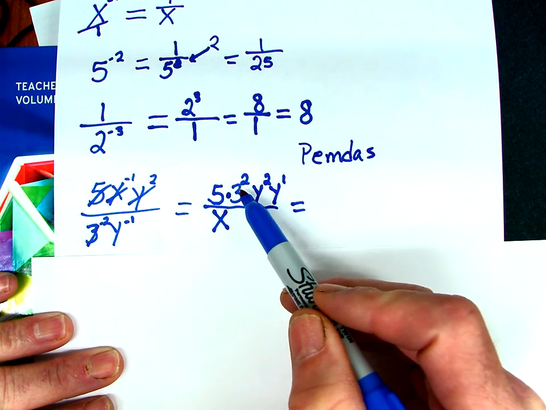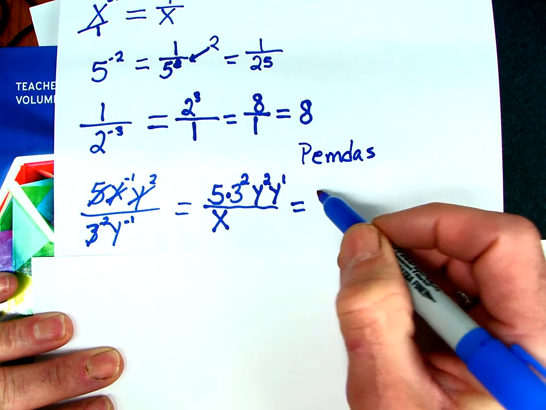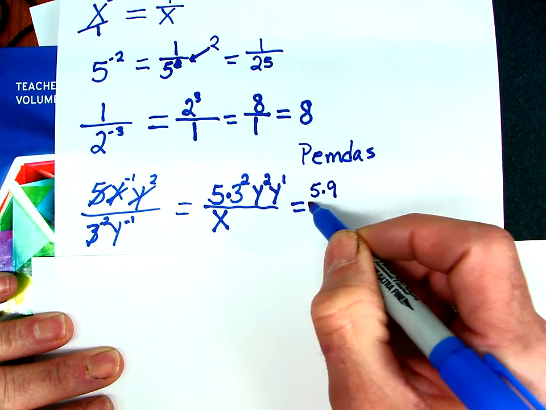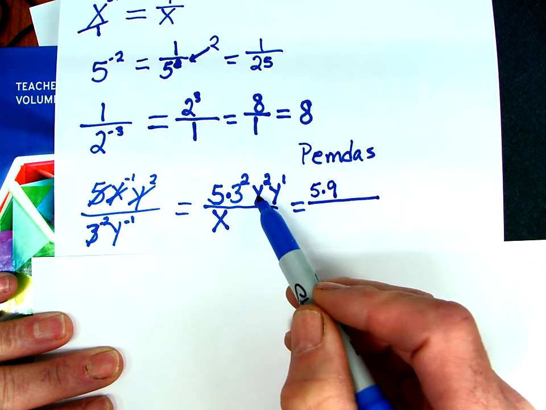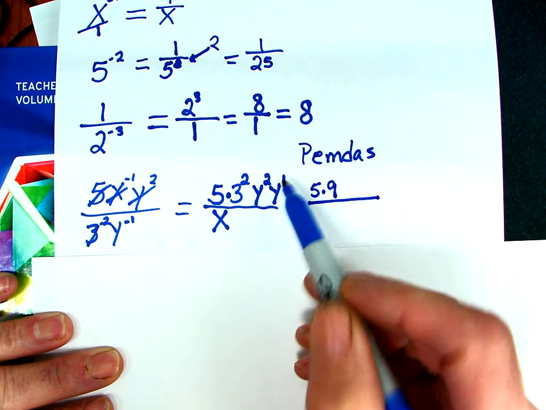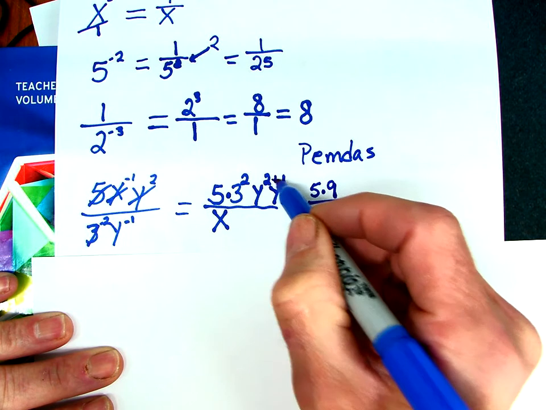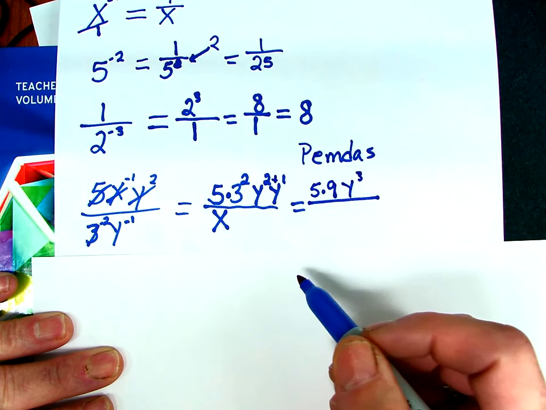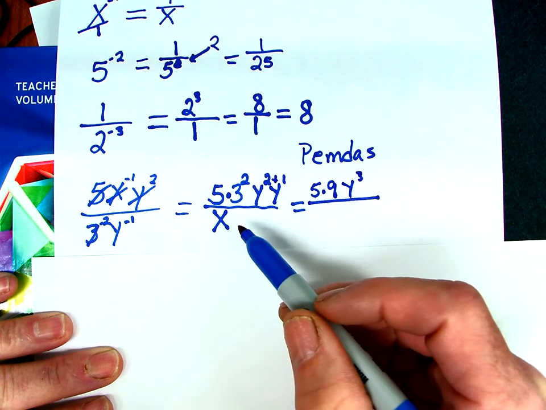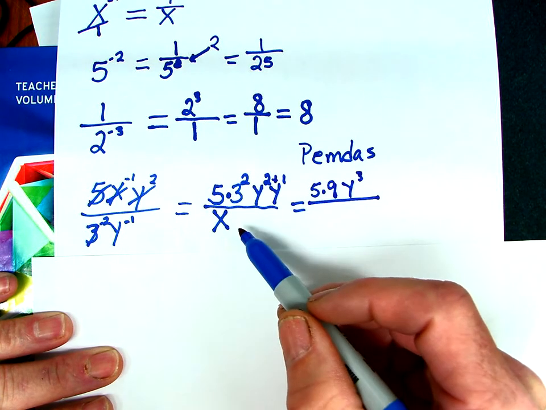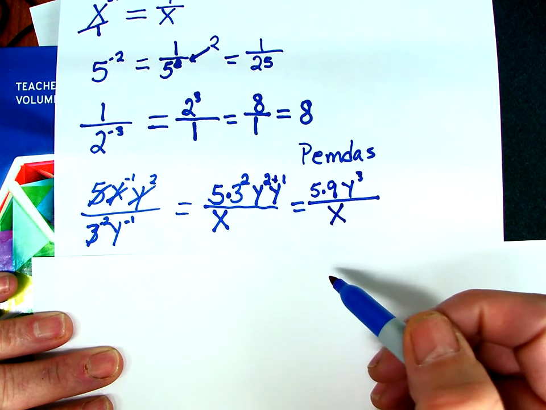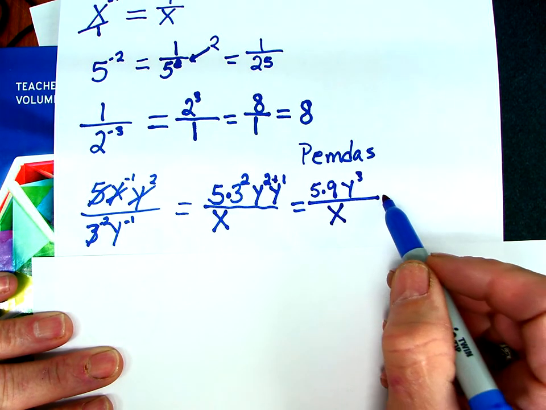The exponent gets completed first. So this is 5 times 9. And now we have y squared times y to the first. Add those two together. We have y to the third. And on the bottom is the lonely x. We all want the x to end up on the bottom, don't we now?